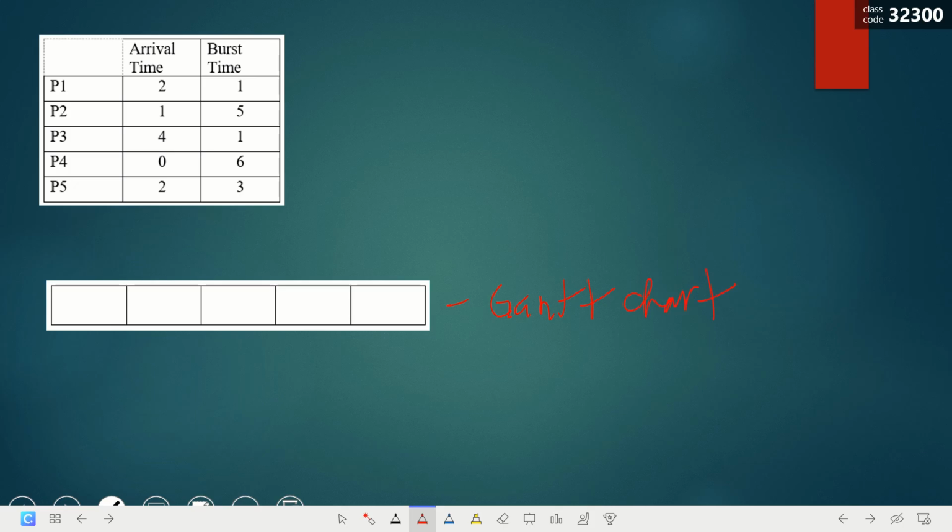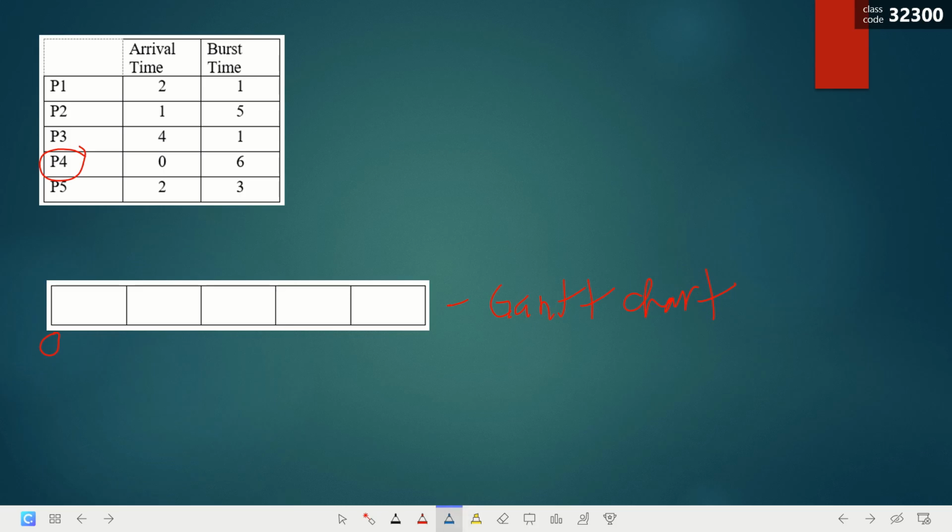Since we create a Gantt chart, at time 0 we have only one process, that is P4. At time 0, the only process that has arrived is P4. We cannot say that directly, though; we can check the shortest burst time.